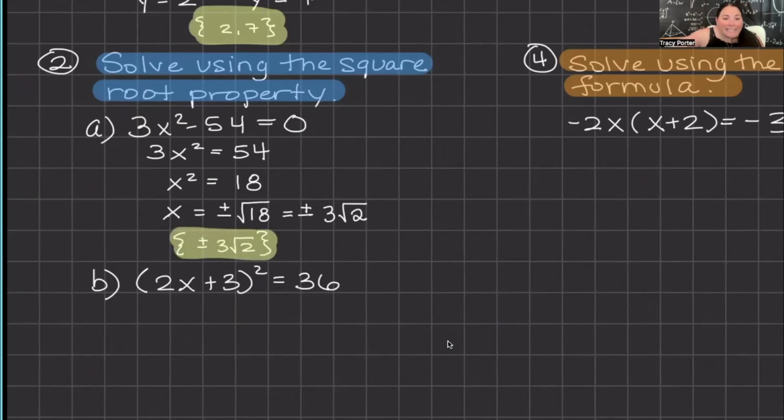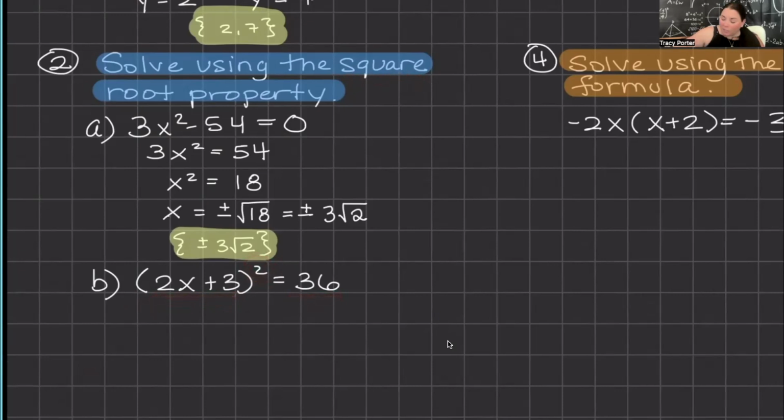Now, the second example is actually in the correct form already to use the square root property. So rather than multiplying this all out and trying to put it in standard form, you can recognize that you have something squared equals a number.